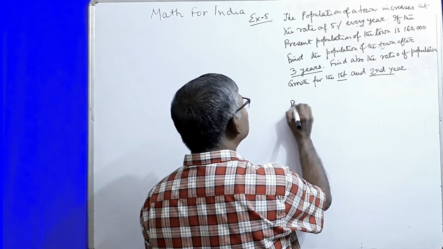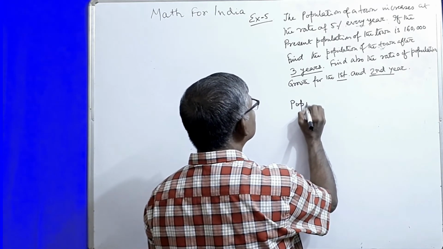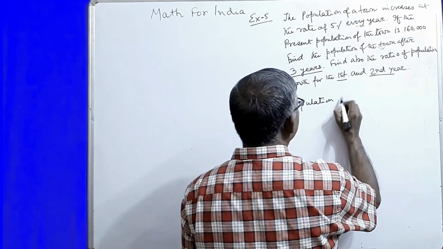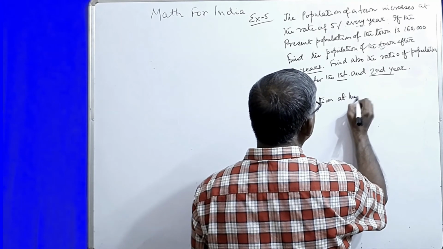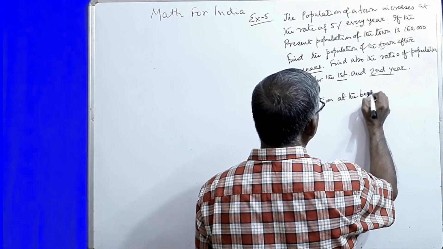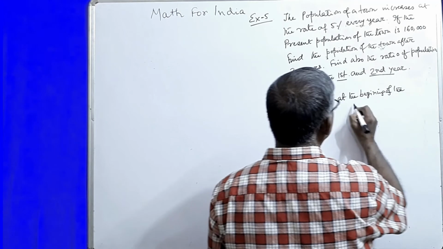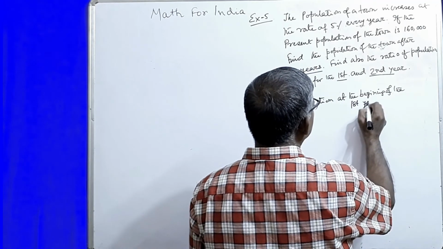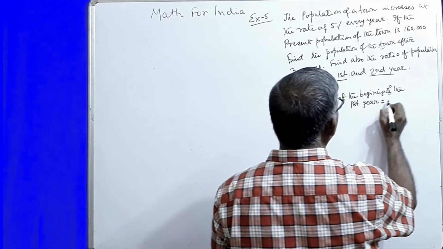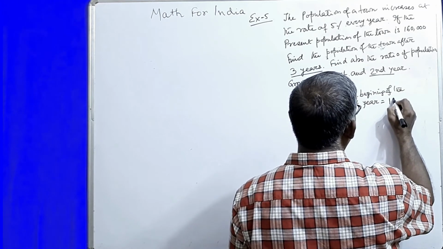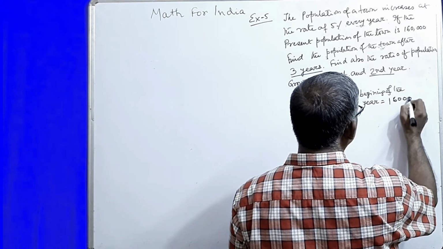Here see, population at the beginning of the first year equal to 1,60,000.